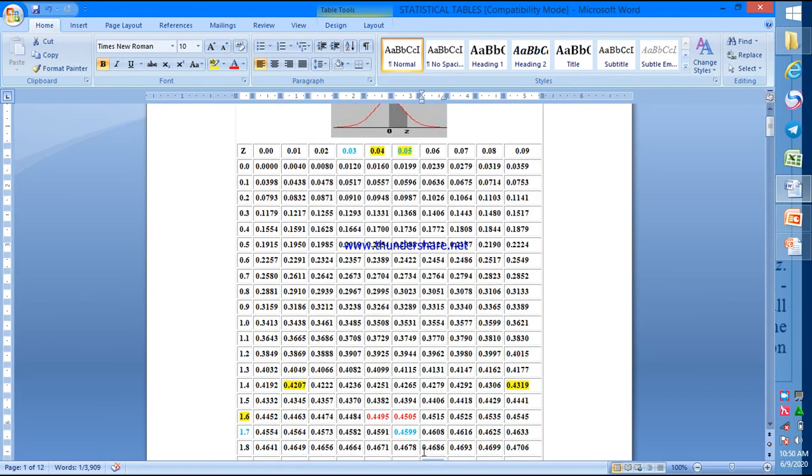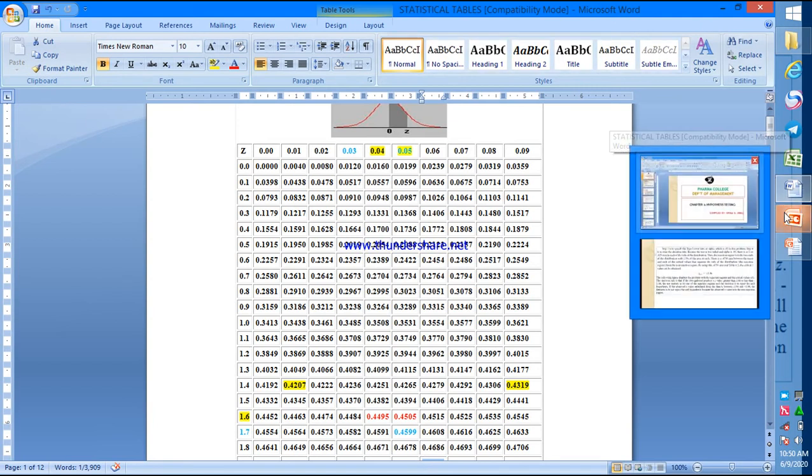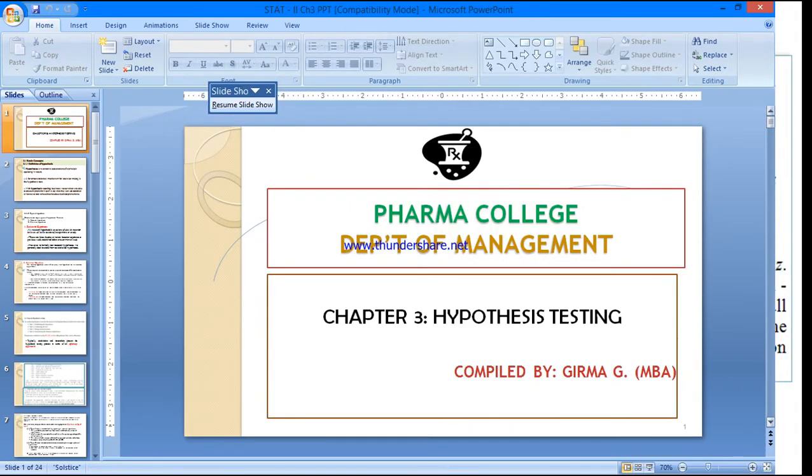Therefore, this probability is at a Z score of 1.96. This is how we can find the probability from the distribution.